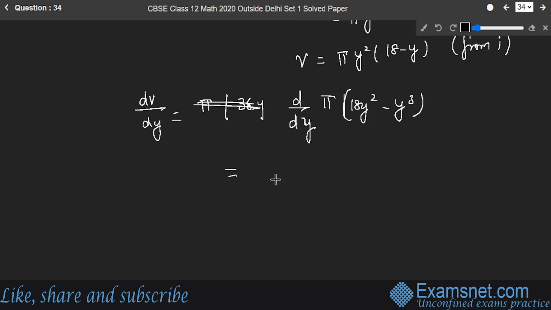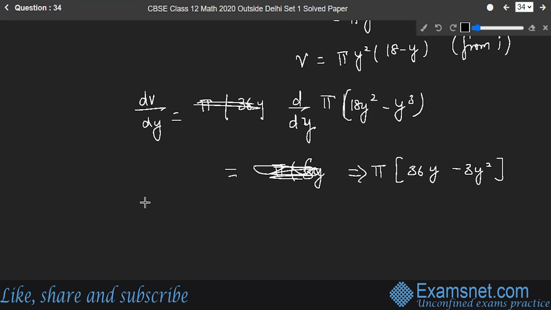So this will be equal to pi into (36y minus 3y square).